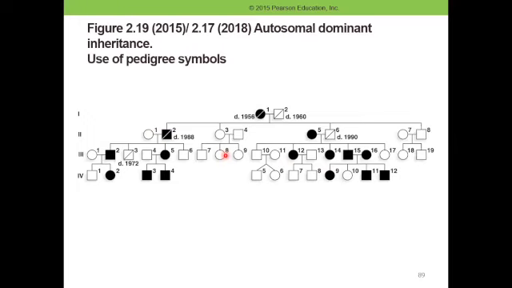Most often we will use the same symbols, the circles, the squares, and the shaded versus clear symbols, and this numbering system. But the deceased individuals or the heterozygous carriers may not always be indicated in a pedigree.